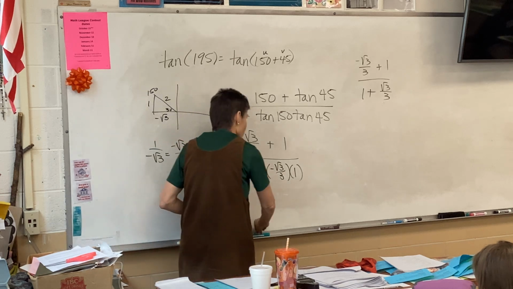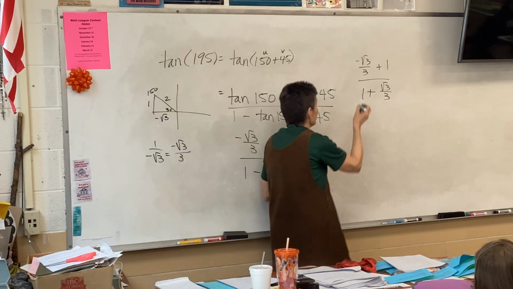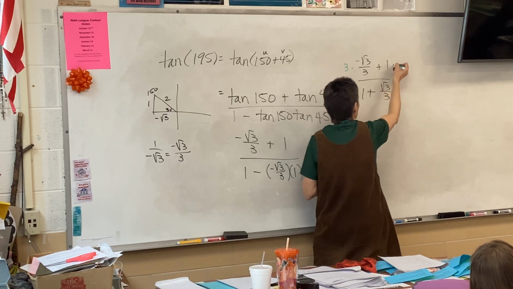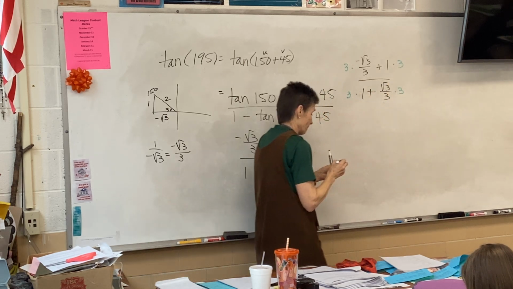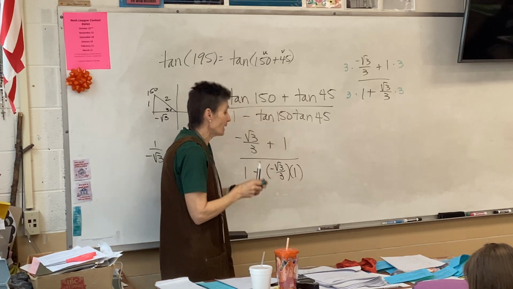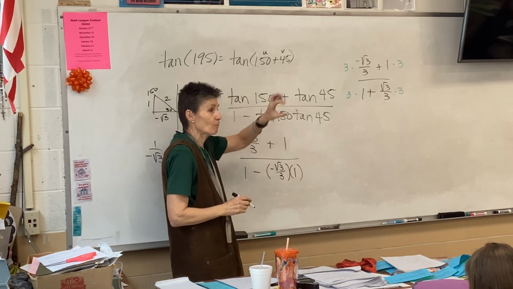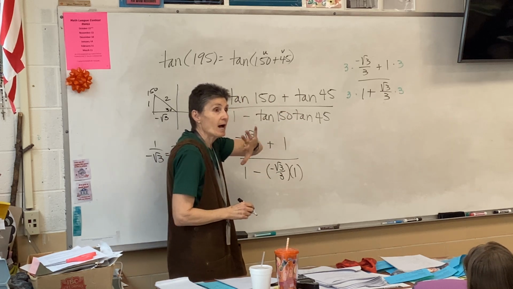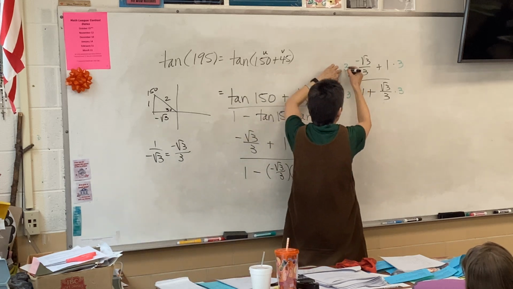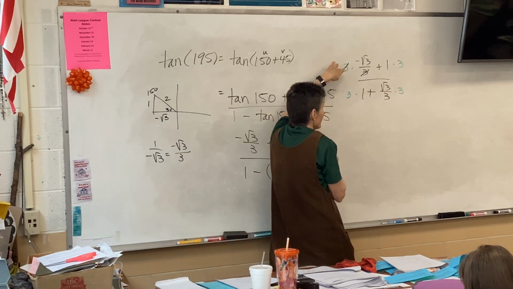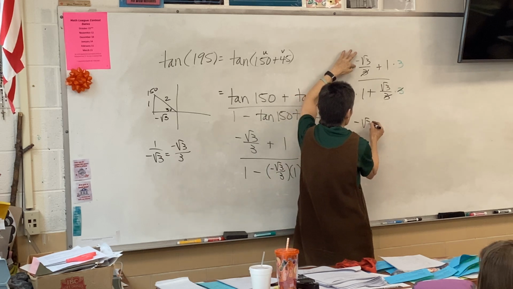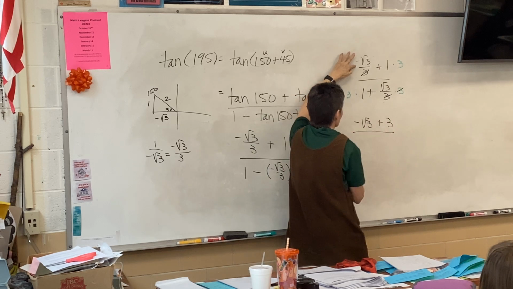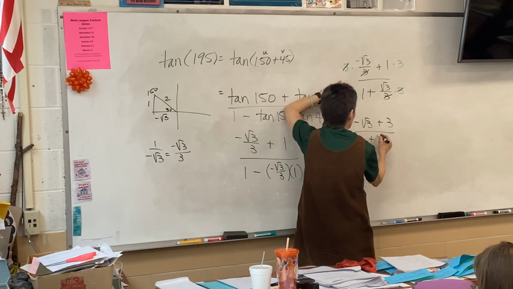So I'm going to multiply everything by 3. I don't like dealing with all these little fractions, and if I times everything by 3, won't that cancel? Yeah. So now I have negative root 3 plus 3 over 3 plus root 3.